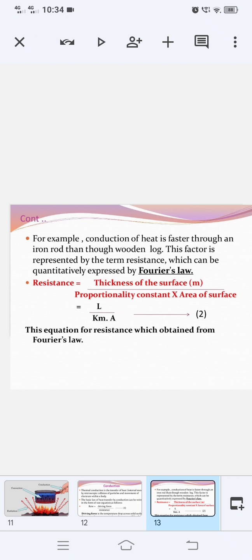It equals the thickness of the surface upon the proportionality constant multiplied by the area of that surface. Thickness is denoted by L, the proportionality constant is Km, and the area of the surface is capital A. This is the equation for resistance which is obtained from Fourier's law.